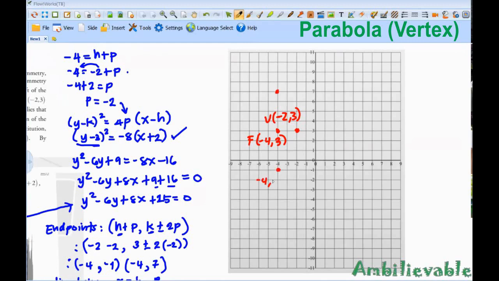Negative 4 and negative 1, and negative 4 and 7. So we have our directrix at 0. So x equals 0, it's here. This is the directrix. What else do we need?